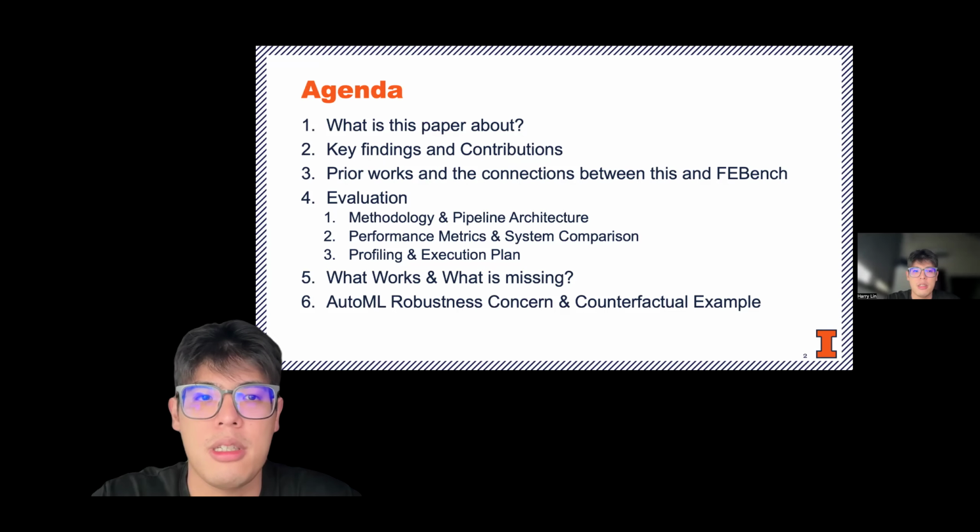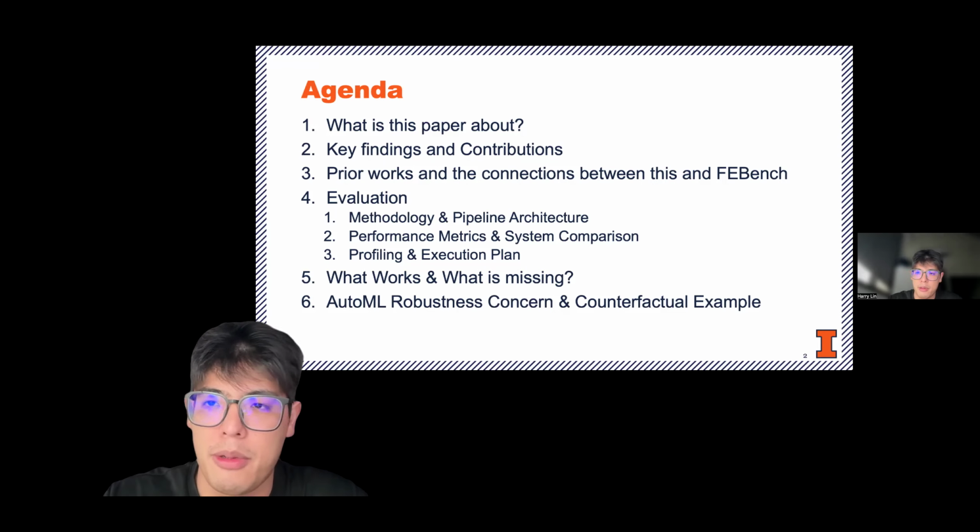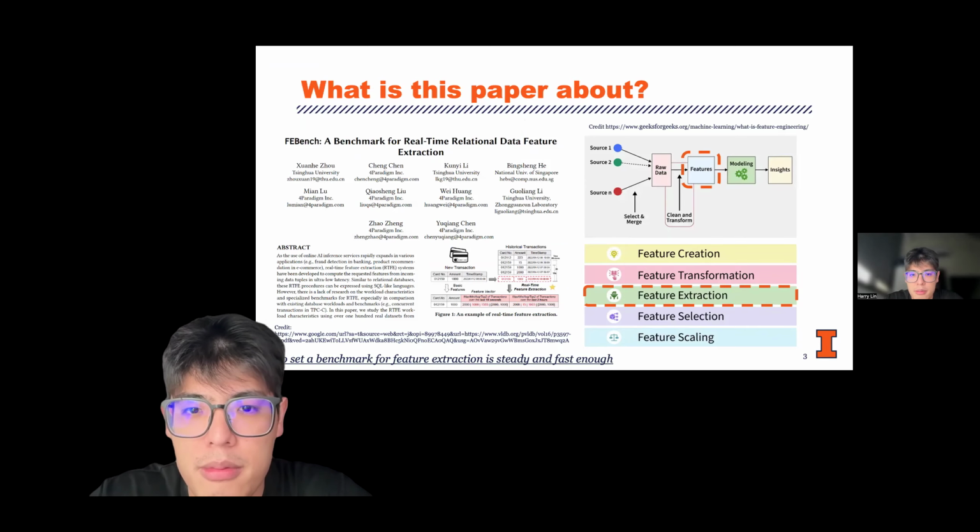Then the evaluations, also what works and what is missing. Then the AutoML robustness concern and the counterfactual example I want to talk about. And last is the suggested improvement. So this is what I'm going to talk about.